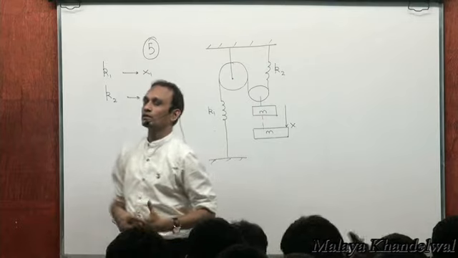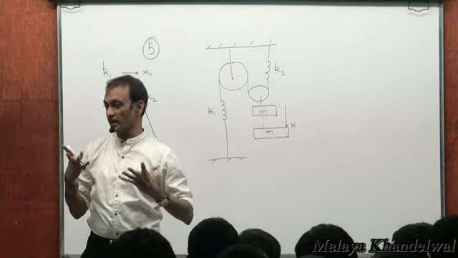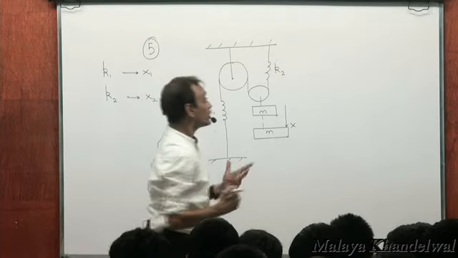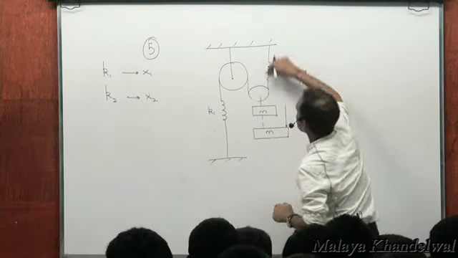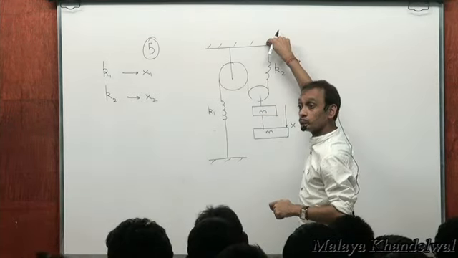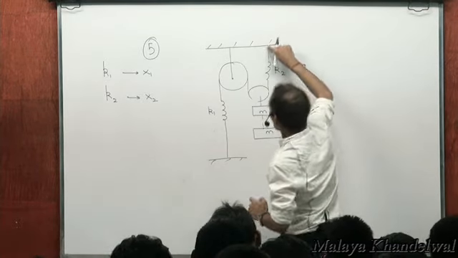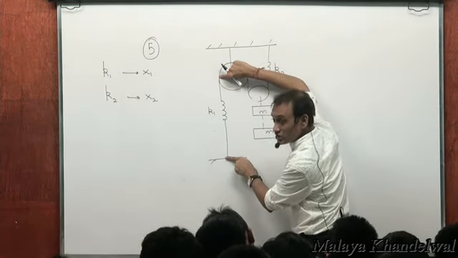Now, how are x1 and x2 related to x? That's the next question. Very good. The total elongation is x1 plus x2, where this part doesn't change in length.